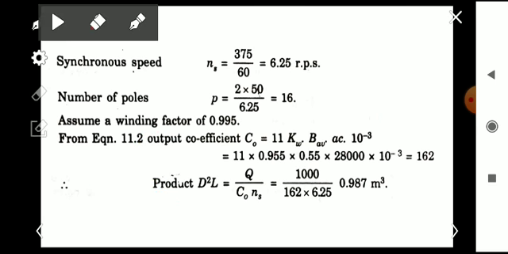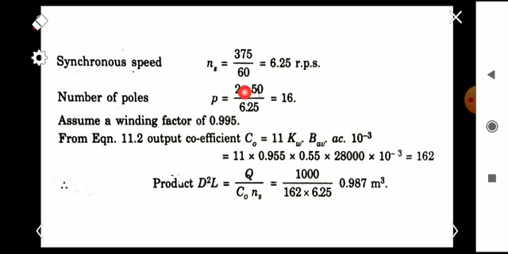Here they have used an equation based on small ns, so P = 2 × 50 / 6.25 = 16. We can use any suitable method. We can find the number of poles from capital Ns, that is rotation per minute, and also based on small ns, that is rotation per second. Both give the same value.